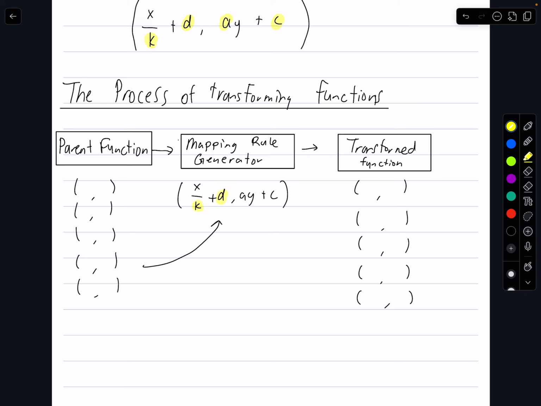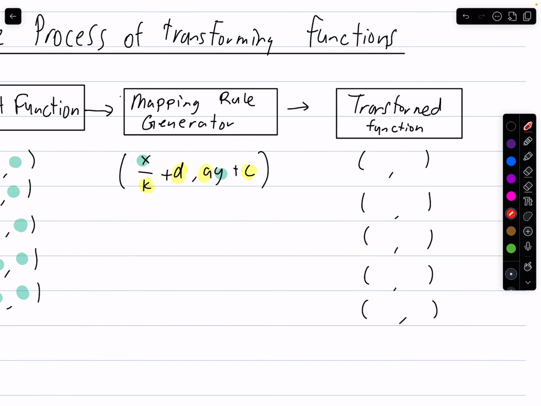We got these k, d, a, c from before, from the equation. And we're going to plug in these x and y values as this x and this y. What that's going to give us is a new x and a new y. So this total thing is going to be our new x, and this total thing is going to be our new y.